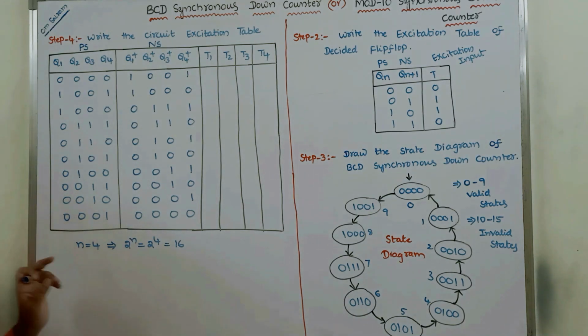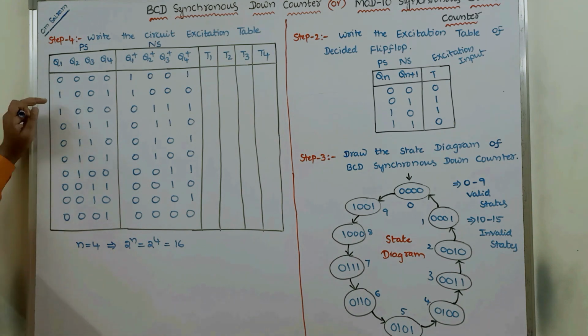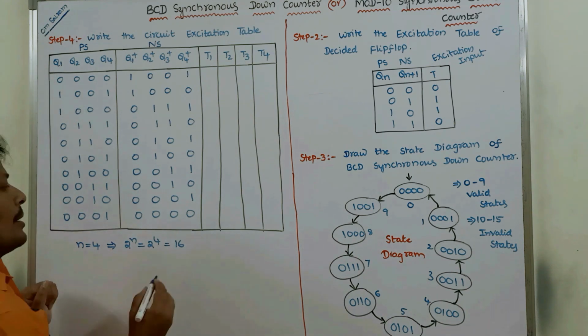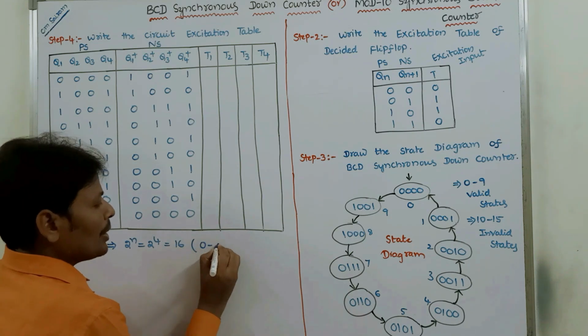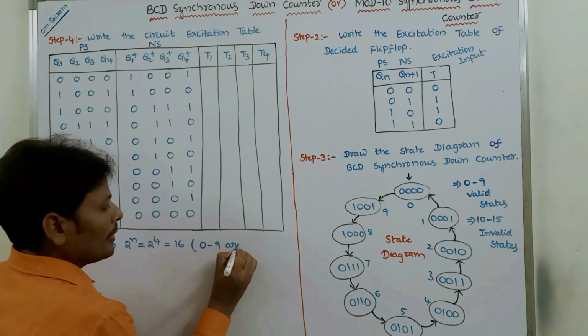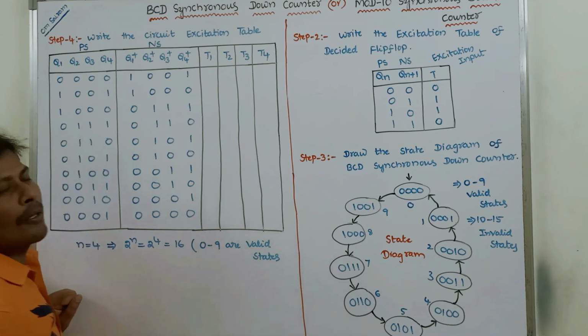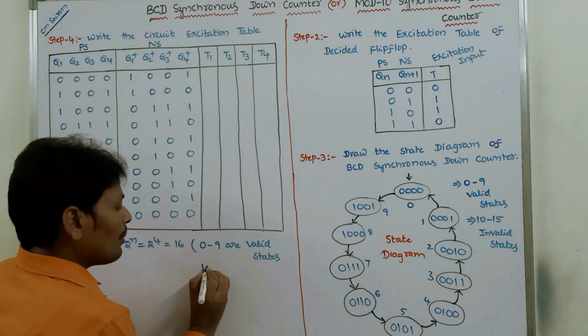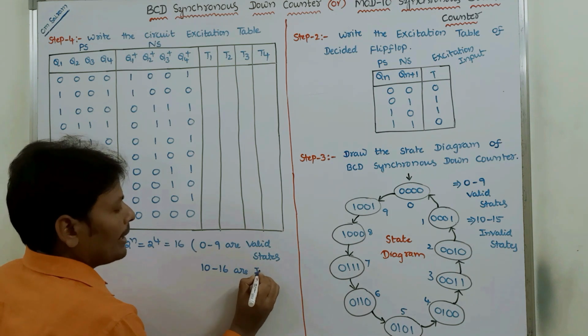Among the 16 possible combinations, 0 to 9 are valid states. That means first 10 states are valid states and the remaining 6 states are invalid states.